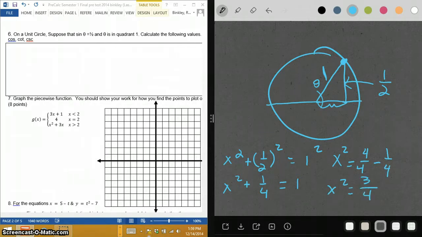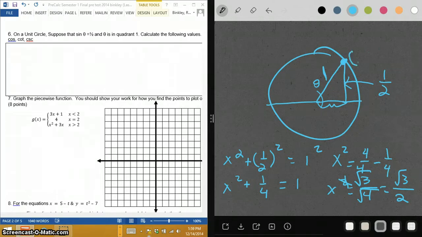Then I just need to take the square root of 3/4, which is the square root of 3 over the square root of 4, which is 2. So the square root of 3 over 2, and that should be a point on your unit circle, right?